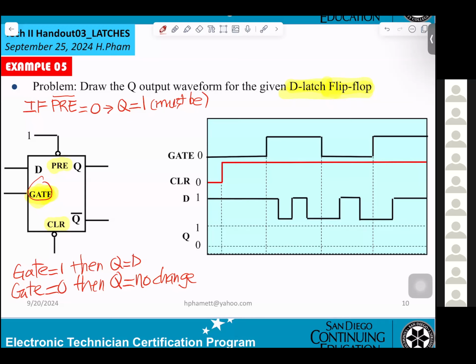And if CLR, clear, Q must be 0. And also PR, preset, and CLR cannot be zero at the same time.